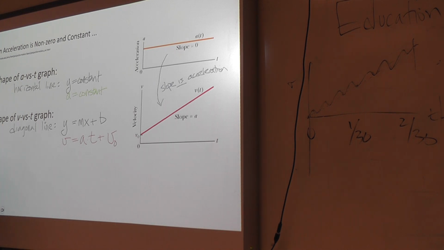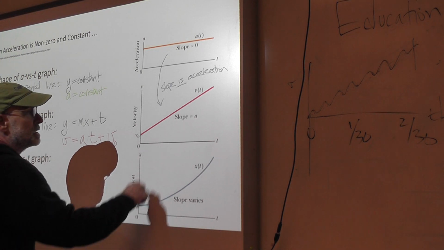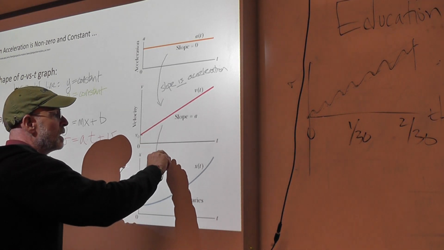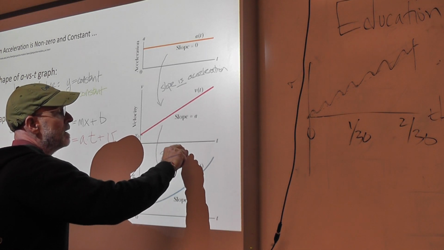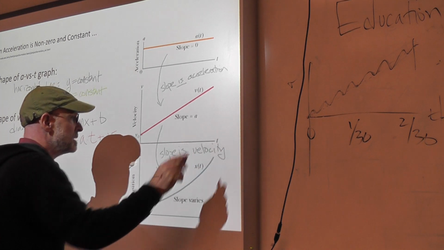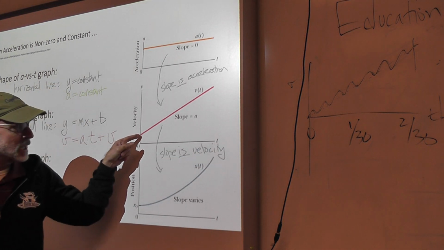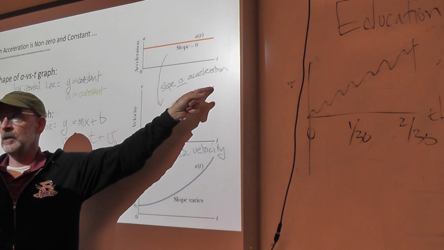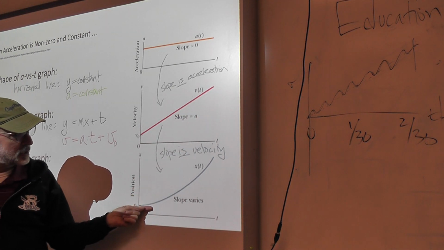And that's going to allow us to predict what our position versus time graph looks like, because we know that the slope of a position versus time graph is velocity. The problem is our velocity is constantly changing here, which means our slope is constantly changing.